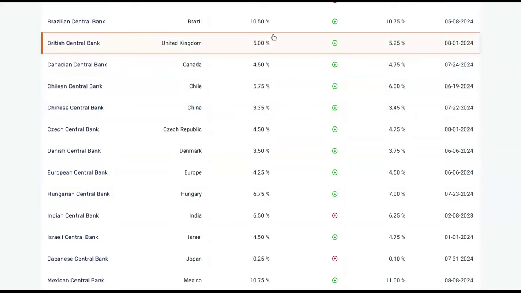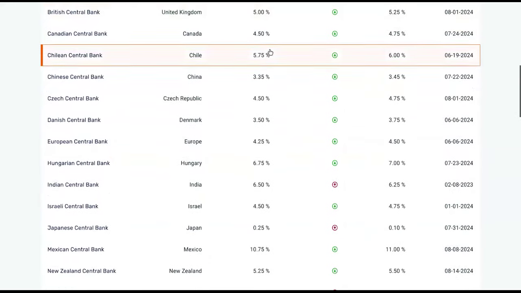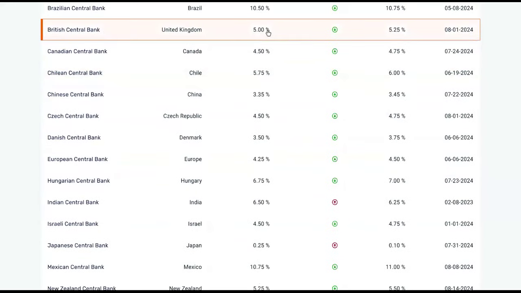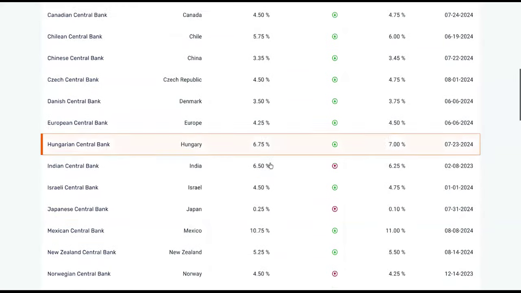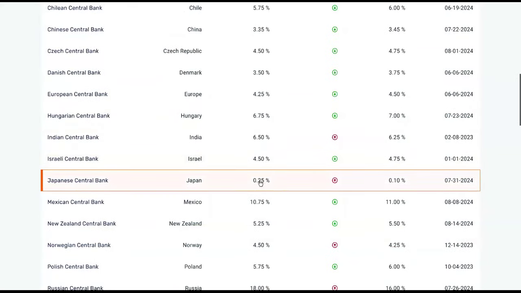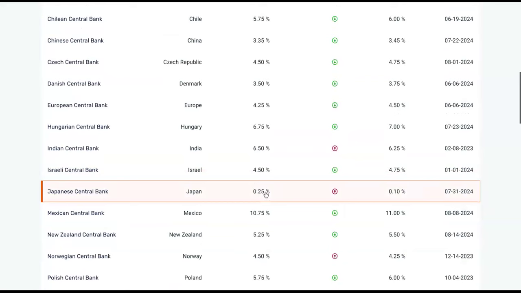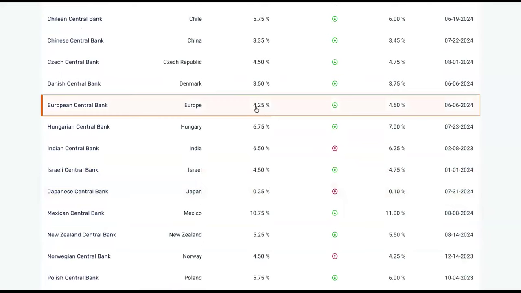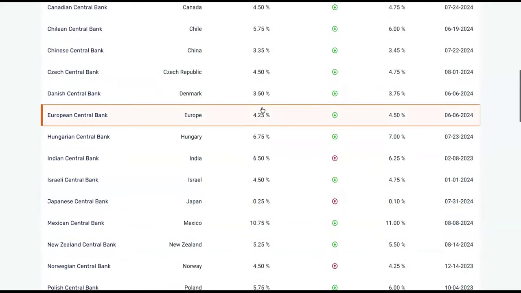And I'm going to look for the one that has the largest interest rate differential, and that's going to be the Bank of England versus the Bank of Japan, because they have a 5% interest rate versus the Bank of Japan's 0.25. So there's a huge difference between the two, pretty much a 5% difference, right? Europe is 4 and change.